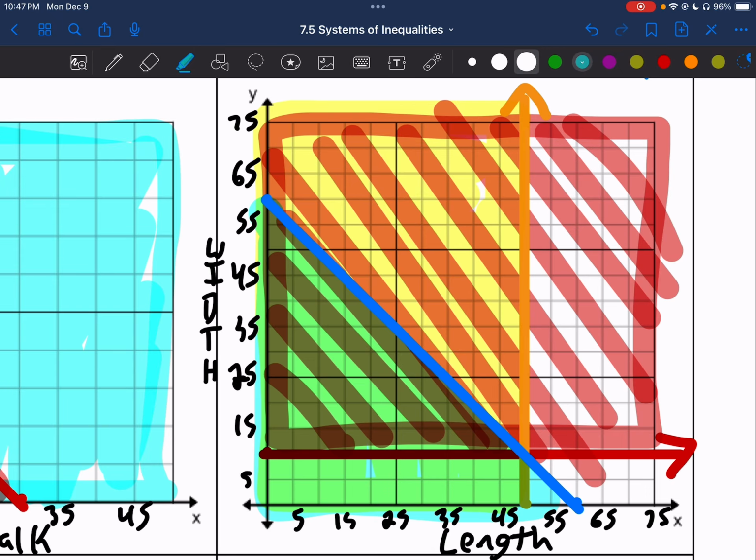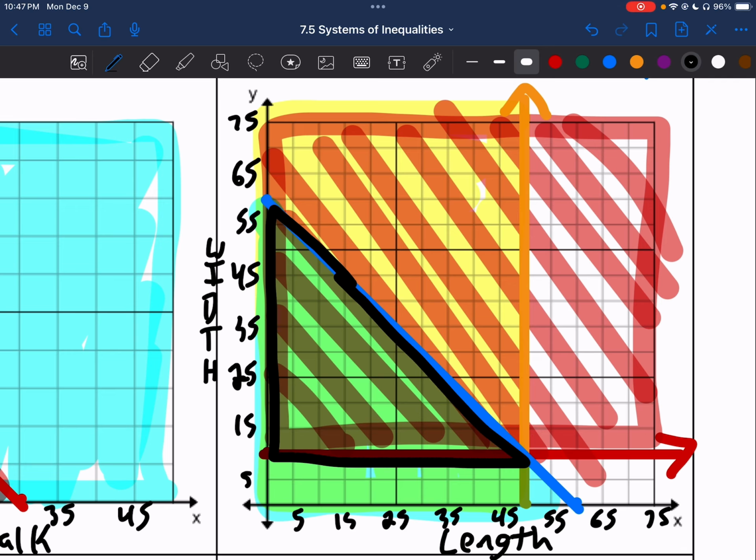So this area right here is going to be my overlapped region. That triangle represents lengths and widths of the dog run that would meet the two criteria of at least 10 feet wide and at most 50 feet long, while still remaining within the 120 feet of fencing that we have available to use.